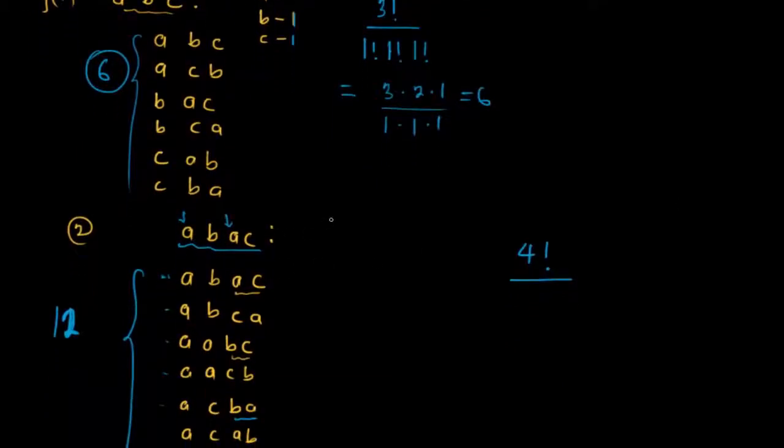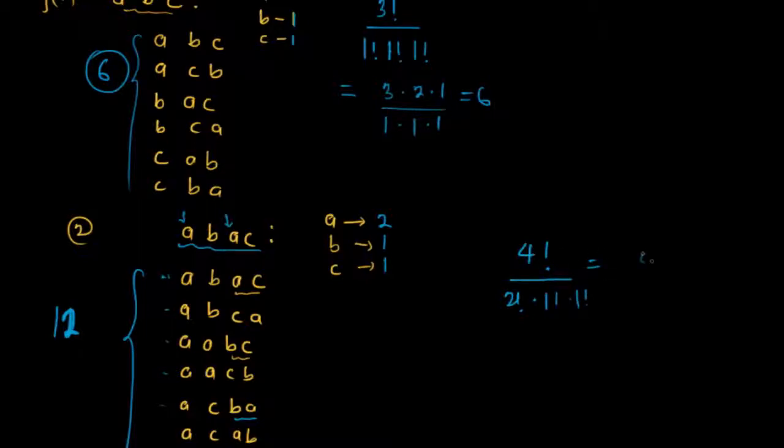A appears 2 times, B appears 1 time, and C appears 1 time. So it's going to be 2 factorial times 1 factorial times 1 factorial.